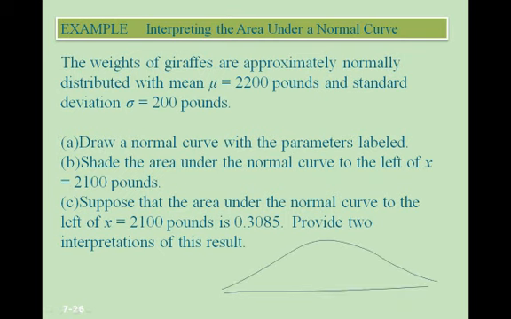And we're going to put the mean in the middle, which was 2,200 pounds. And then I'm going to go out 3 standard deviations on either side of that. So going to the right, I'm going to add 200 pounds each time. And going to the left, I'm going to subtract 200 pounds.